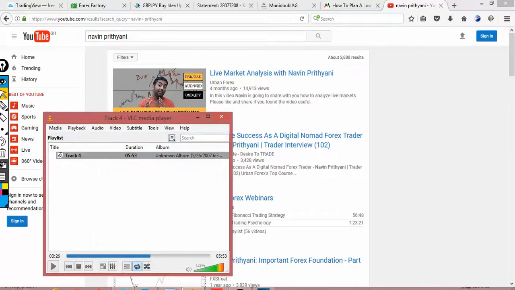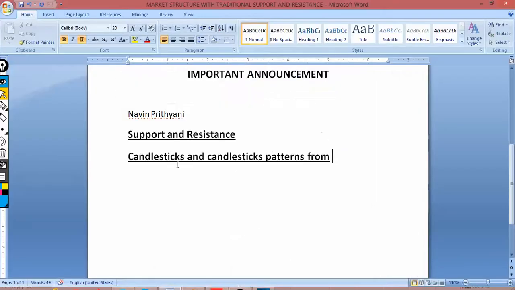Alright, so guys, that is that, because like I'm saying, almost everything, support and resistance, candlestick patterns, they've been taught by a lot of people, and at this stage I want to move away from this and move straight to the way I trade.